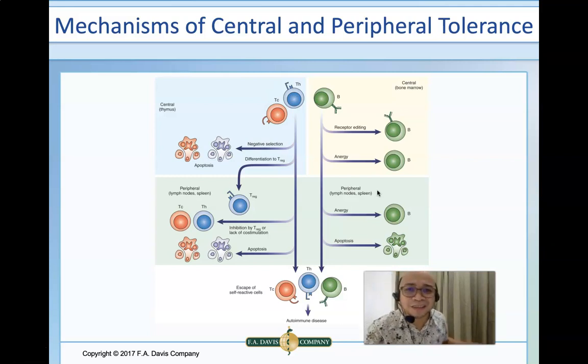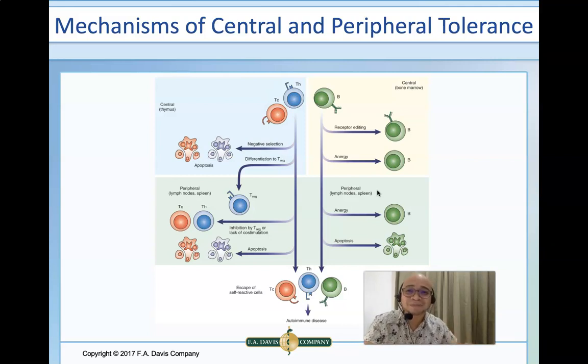Because when we speak of self-antigen, this pertains to antigens found in our respective organs. In order for self-tolerance to develop, lymphocytes must be so-called educated so that they can distinguish between self-antigen and foreign antigen. The process of educating these lymphocytes actually takes place at two levels. It's like attending grad school, where there is undergrad and masters.